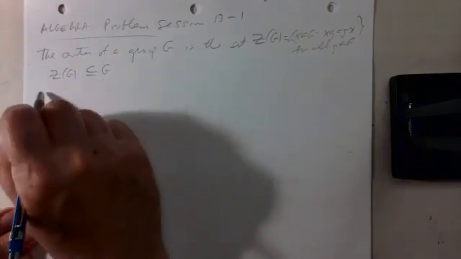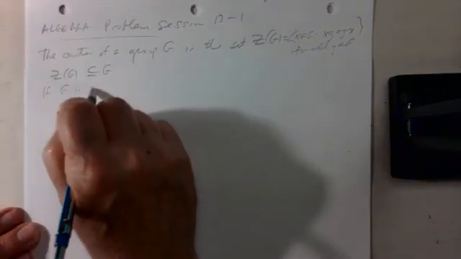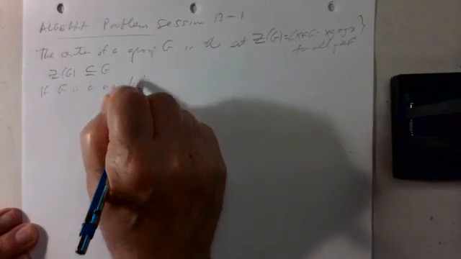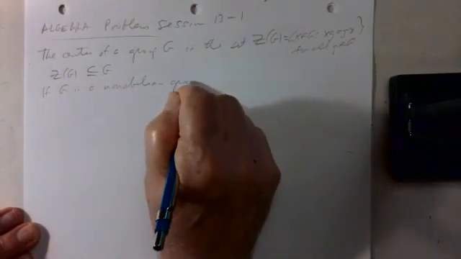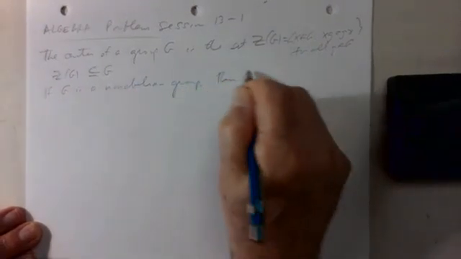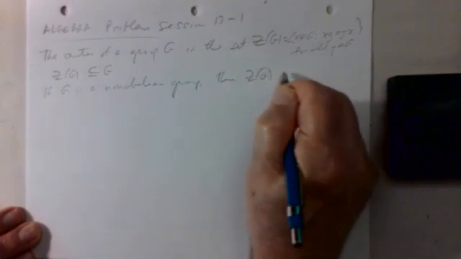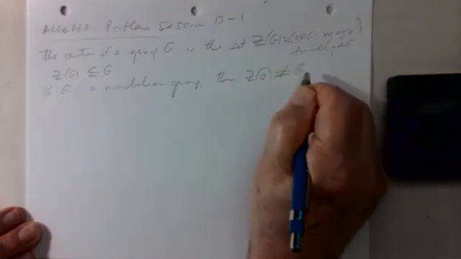And usually, if G is a non-abelian group, then Z of G is not equal to the whole group. So it's a proper subset. And you do have to prove that it's a subgroup.